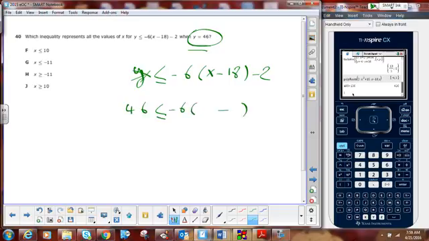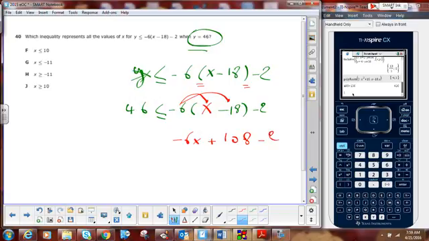What does solving for x mean? It means we have to keep the x by itself. In this situation, always when you see parentheses, you have to distribute, always applying the distributive property. Negative 6 times x, negative 6x, negative times negative is plus. You're going to have 48, and then 108, then minus 2.